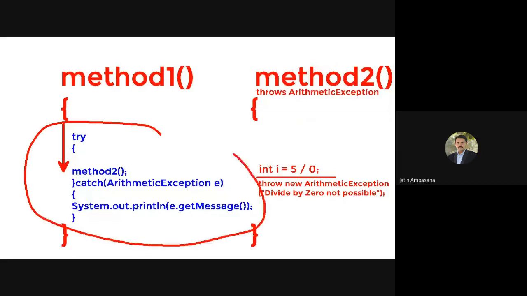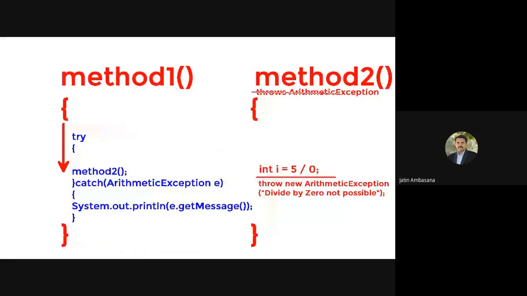Otherwise, if you don't declare it, there is a chance that method 1 may not put the call to this method inside a try catch block, and it might happen that the execution that stopped in method 2 might even affect the execution of method 1. That might even stop method 1 from executing further.